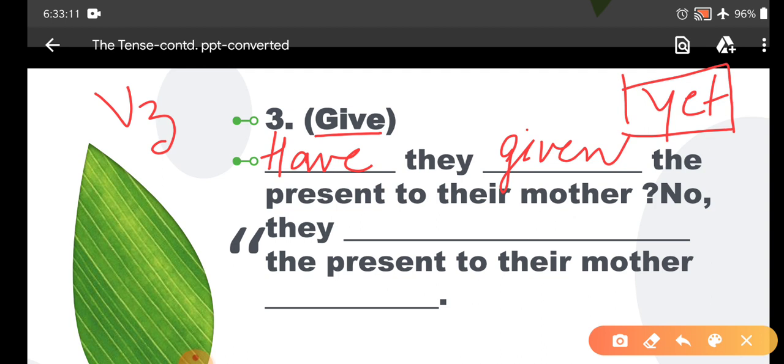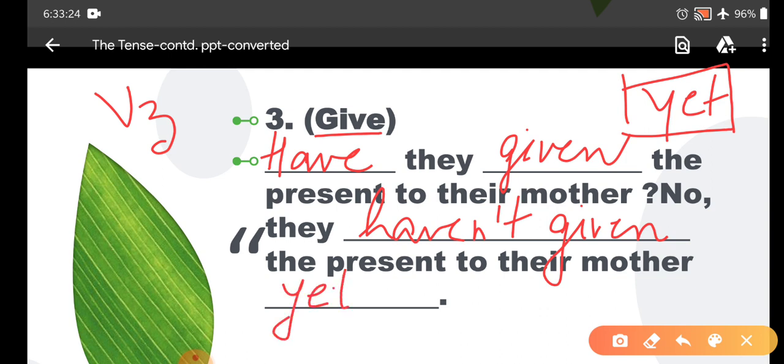No, they haven't given the present to their mother yet. What does it mean? They are planning to give, but so far within the time frame given in this sentence, so far they have not given the present to their mother. Try it otherwise.